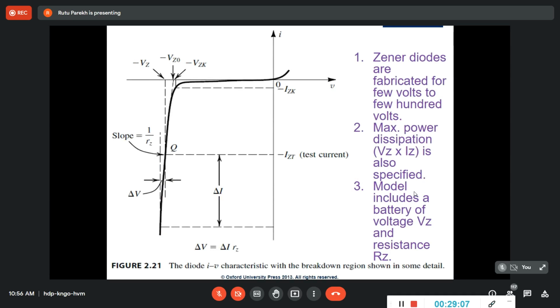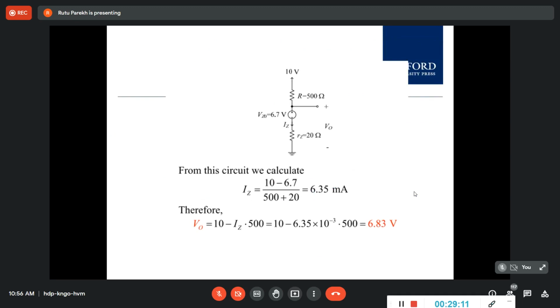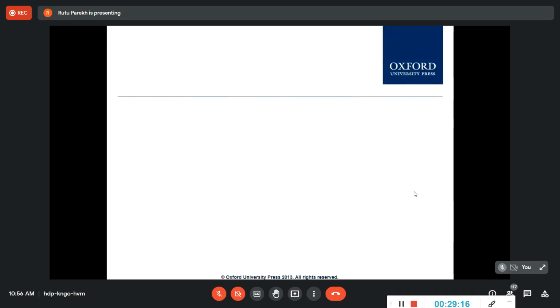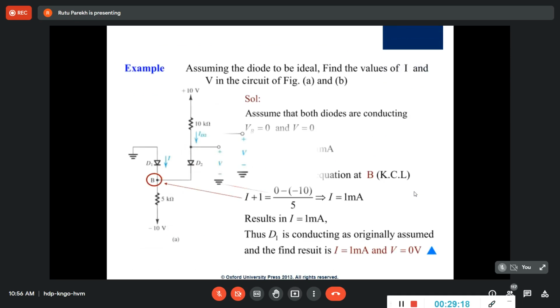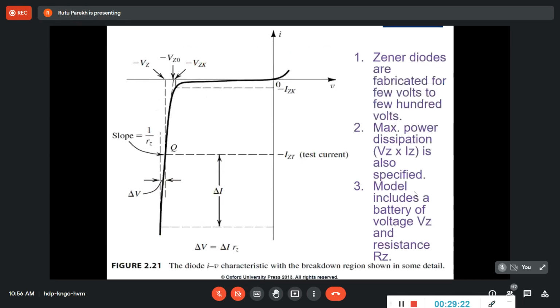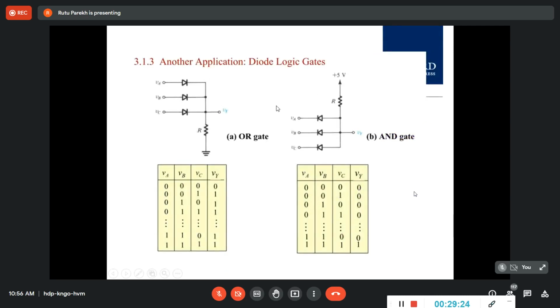Okay. So with that, we'll move to one important topic, that is Zener, and a problem on that. It is a lengthy problem, but it is interesting and you will understand once I explain it. If you can make an AND gate or OR gate, then you can make any gate.